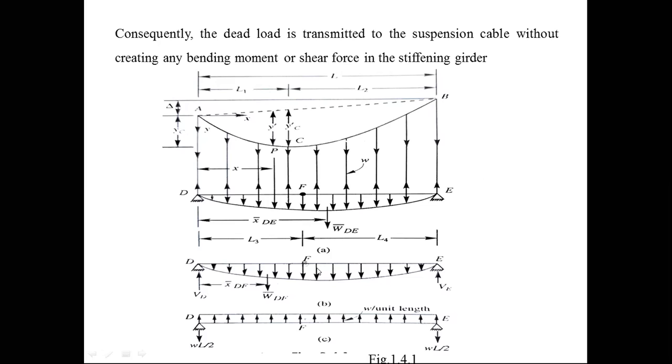You can say the answer is 0. Why? Because the dead load of the stiffening girder is transferred to the cable in the form of uniformly distributed load by means of hangers. Do you understand? Yes, sir. Clear? Yes, sir.